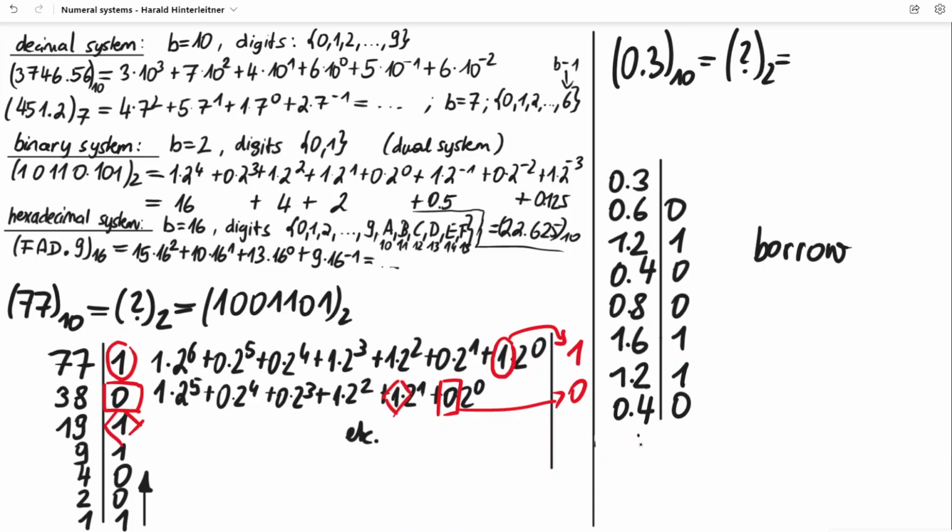So you could go on and on. But what you see here is that we had 1.2, we had it before. So the digits are repeated. So we have a period starting at 1.2.